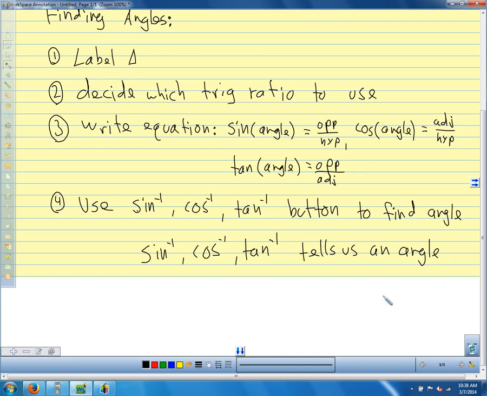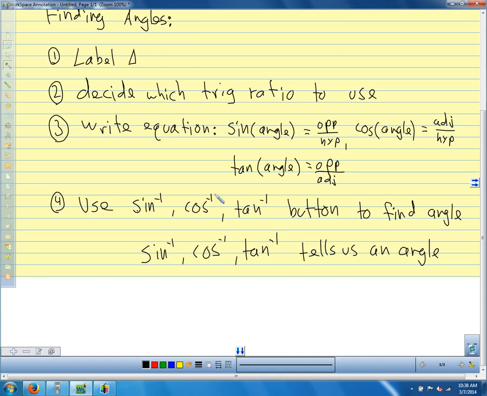So our steps are exactly the same until the very end. And at the end, depending on which equation we used, we'll use the inverse cosine, inverse sine, or inverse tangent to find our angle. So these problems turn out to be very easy.